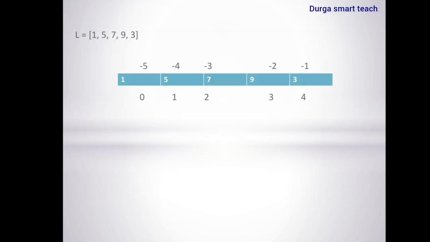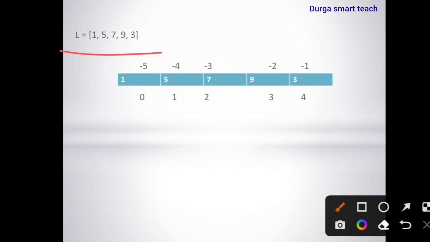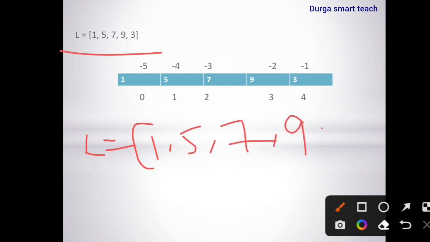So in this way you can represent the list variables, list values. L is equals to 1 comma 5 comma 7 comma 9 comma 3. So here 1, 5, 7, 9, 3 are the elements. L is the list name. L is a variable which contains all the elements.